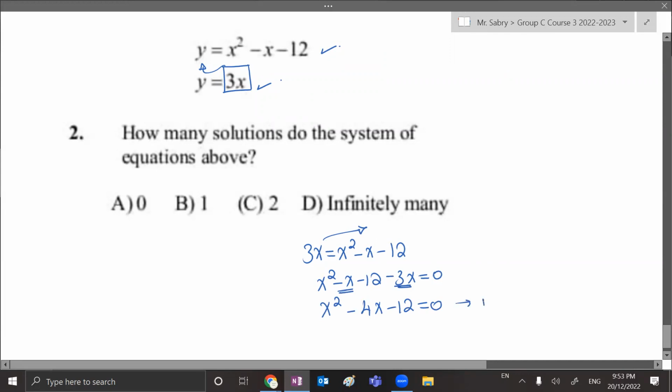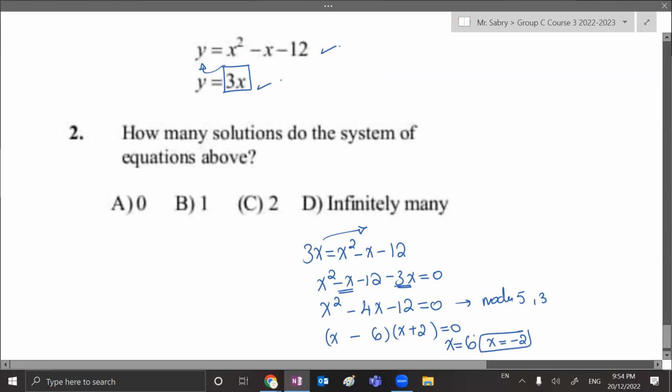Mode 5, 3 would get you the answers for this one, and you'll figure out whether there's one answer or more. It's x equals 6 and x equals negative 2.